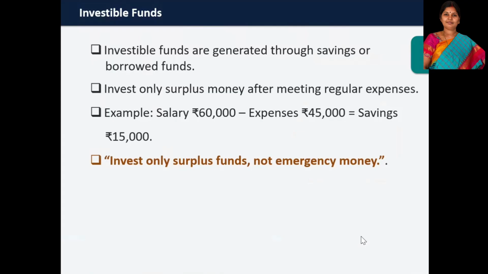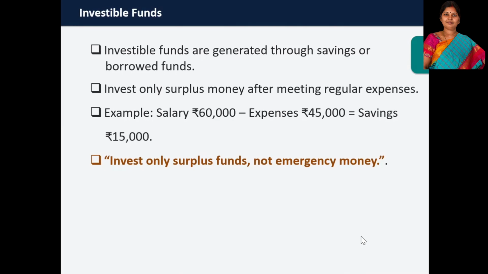Next, coming to investable funds. The entire procedure revolves around the availability of investable funds. The funds generated may come through savings or sometimes through borrowings. If we are investing using our savings, how will we make savings?